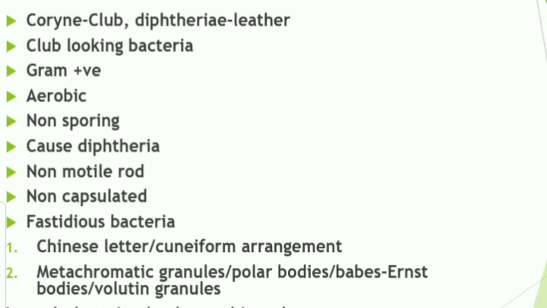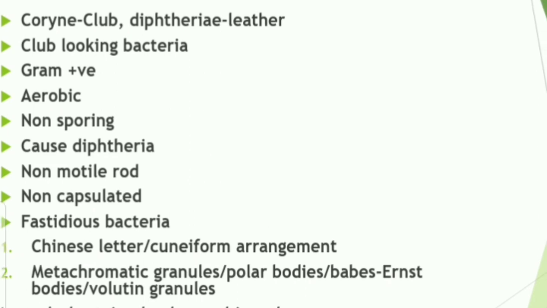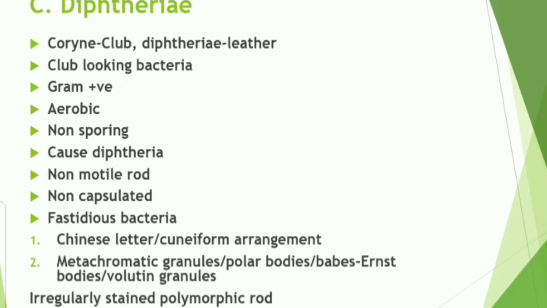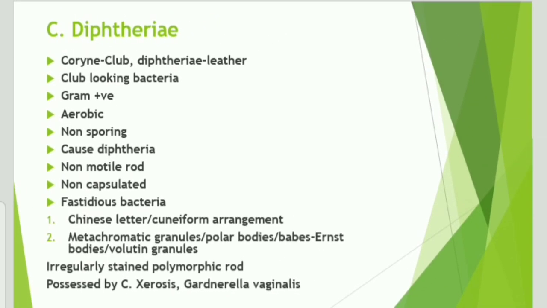So it is an irregularly stained pleomorphic rod, because the granules are stained more strongly than other parts of the bacilli. The metachromatic granules are possessed not only by diphtheriae but also by Corynebacterium xerosis and Gardnerella vaginalis.